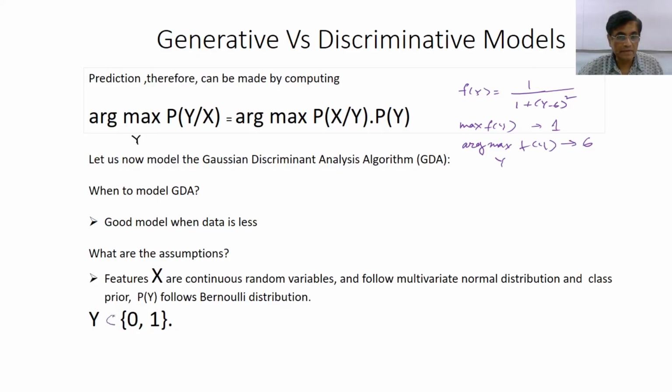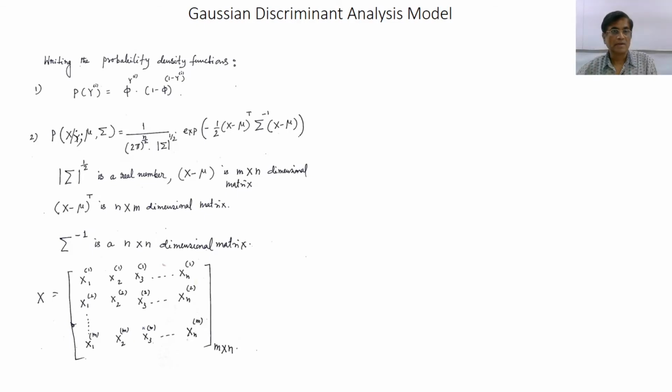Then we can develop a very beautiful, very simple model known as the Gaussian discriminant analysis based model. You see here the probability density functions. I have assumed that my classes follow a Bernoulli distribution, so this is the probability density function of the Bernoulli distribution.